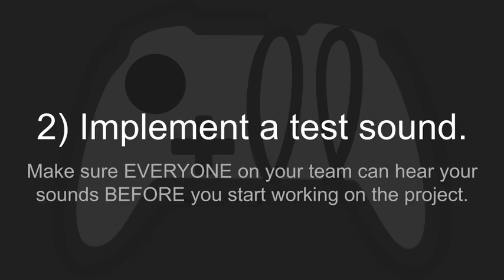Number 2, implement a test sound. Make sure that everyone on your team can hear a sound that's implemented through whatever middleware you're using. If there is someone who can't hear any sound you've implemented, that's a problem.